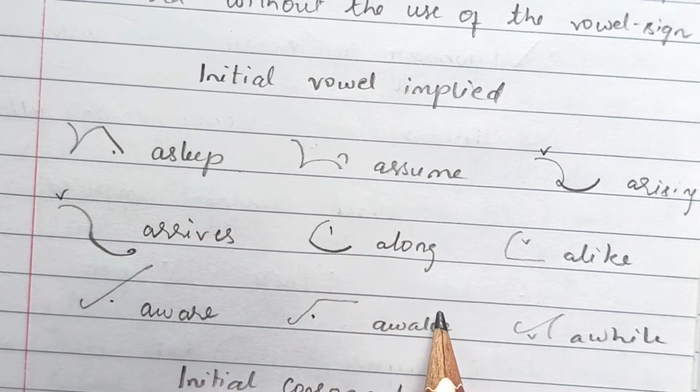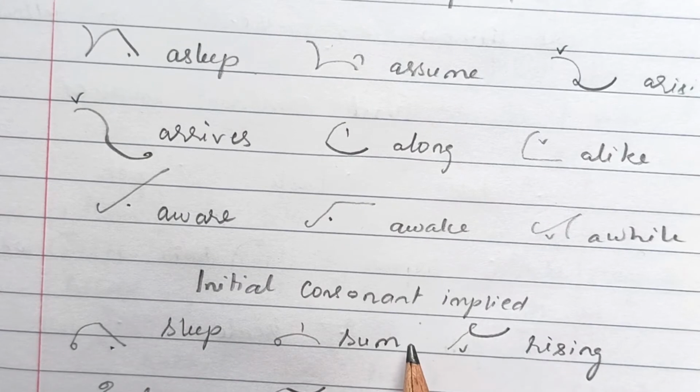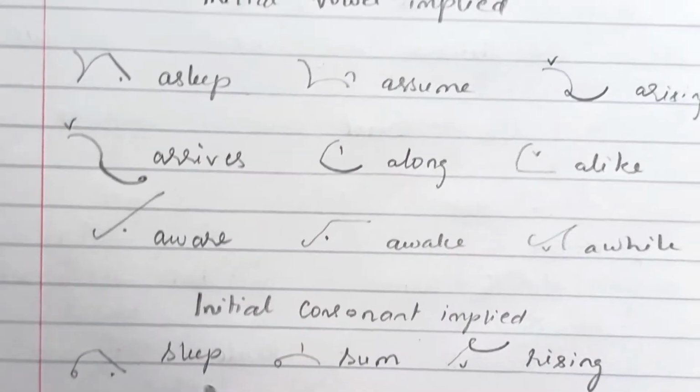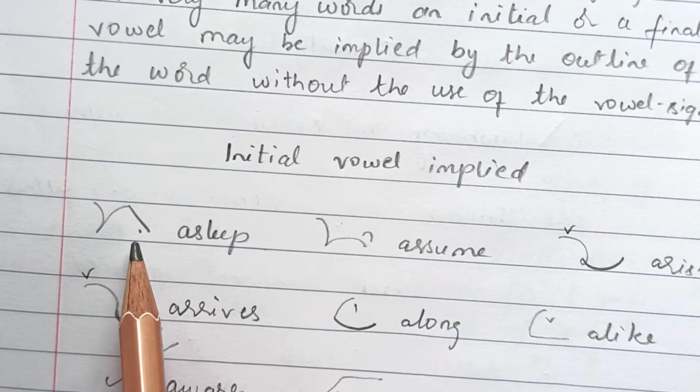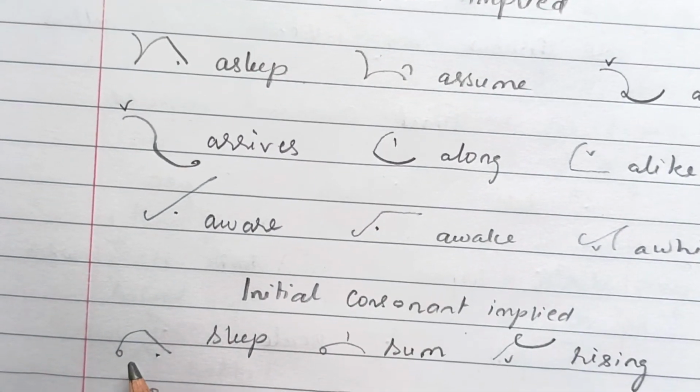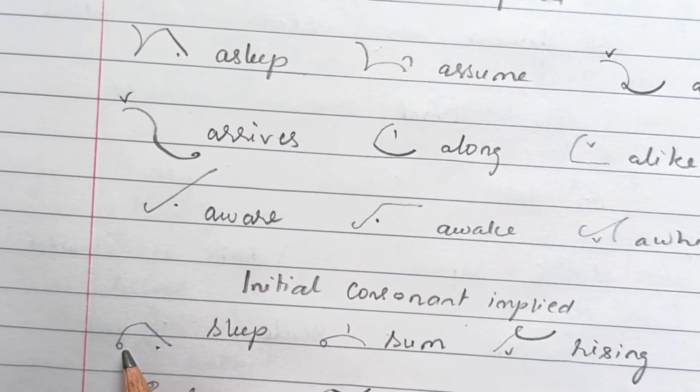So compare this with the initial consonant implied. Here we have written asleep, whereas in sleep we are using the briefest form, that is the circle S, which says that there is no vowel before the sound of S. So sleep.